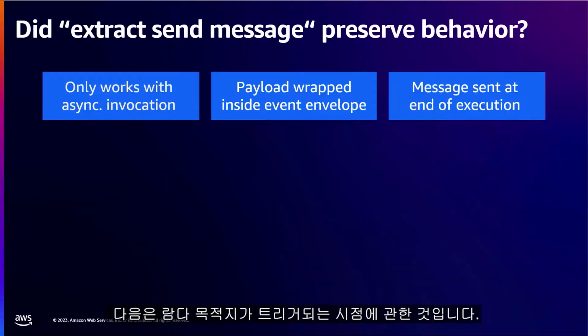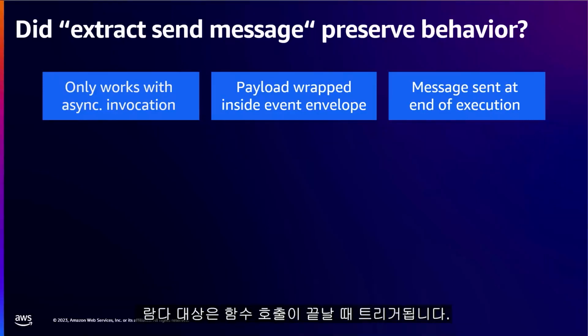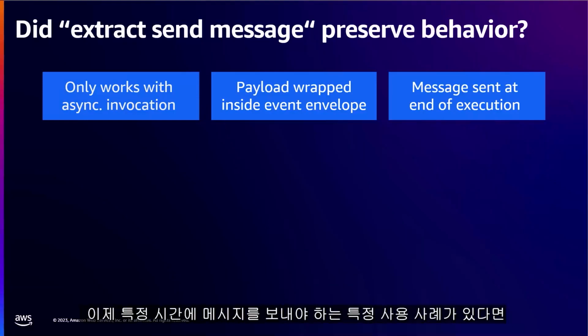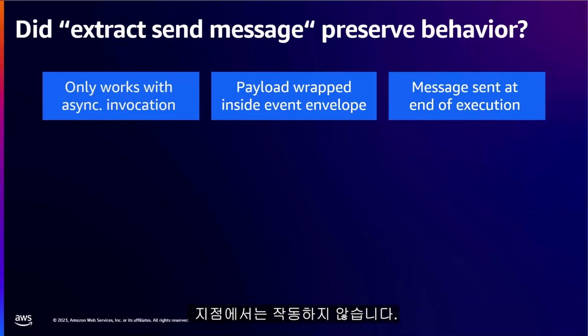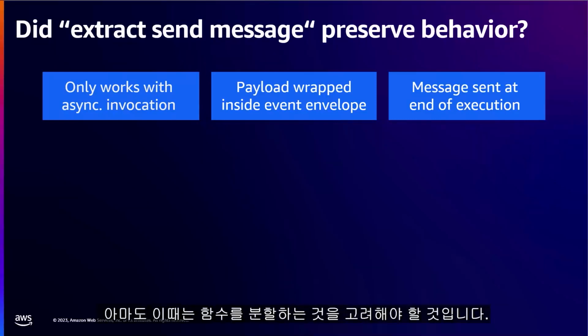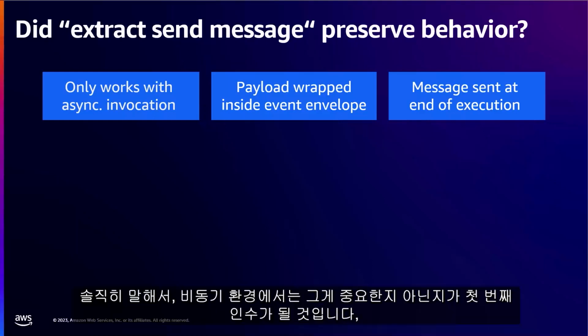The next one is about when the Lambda destination gets triggered. It gets triggered at the end of your function invocation. If you have a specific use case where you need to send the message at a certain point, this won't work. Maybe at that time you should think about splitting the function. To be honest, in an asynchronous environment, the first question would be whether that matters.